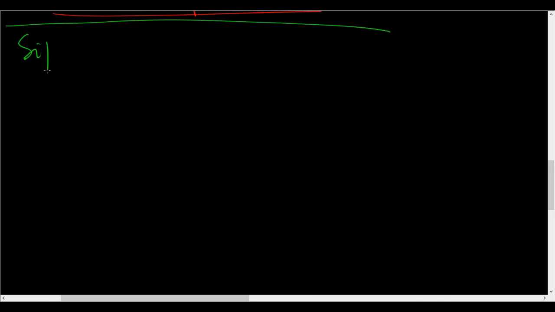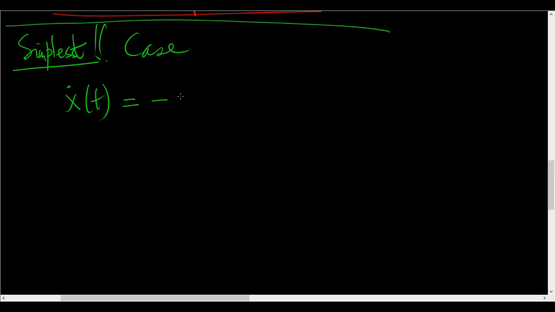To think about what those roots are like, we will come here and do the simplest case. X dot at t is equal to minus a x at t minus 1.